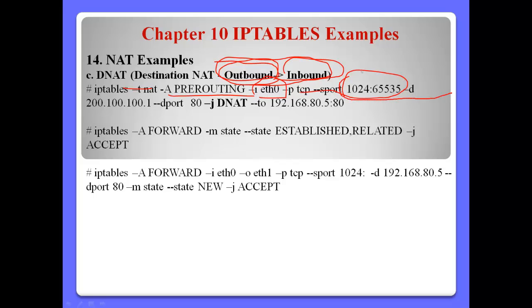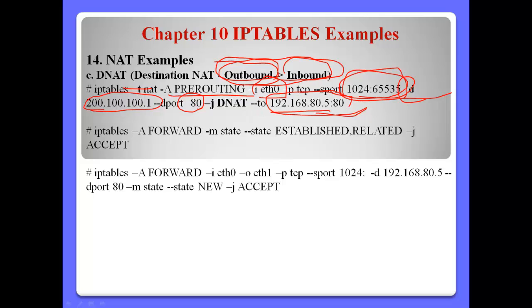Normally this kind of port is used by the client, and the destination 200.100.100.100, our public IP address, and port 80 means the web server. In this case, this packet will be forwarded to 192.168.85.80. This is a private IP address as a DMZ.